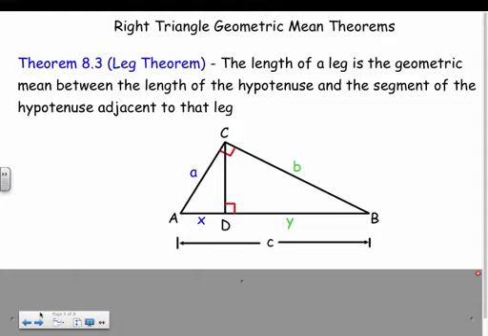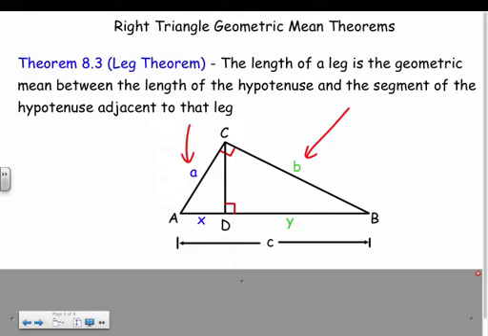We have one other theorem called the Leg Theorem. This one's a little more complicated, but once we get it set up, it should look a little nicer. So the length of a leg is the geometric mean between the length of the hypotenuse and the segment of the hypotenuse adjacent to that leg. So that's kind of confusing. Let's think about this. Here A and B would be my two legs of the big triangle.